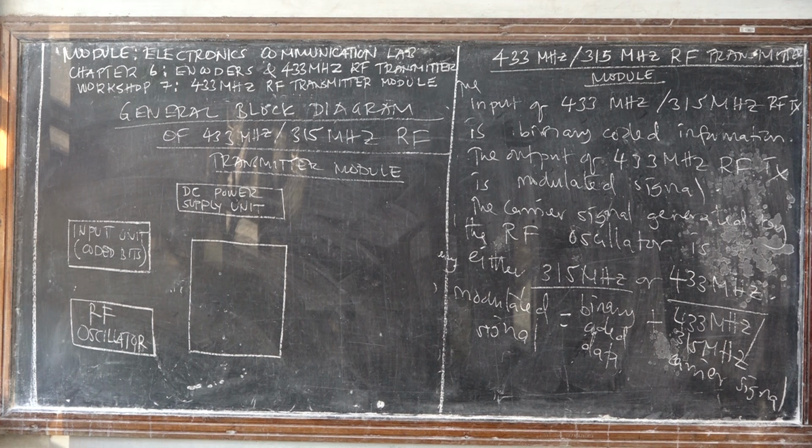HT12E. We are not discussing HT12E. HT12E is something else, and the 433 megahertz RF transmitter module is something else. HT12E is an integrated circuit. It's black in color. And for the RF, I think I showed you the RF transmitter.